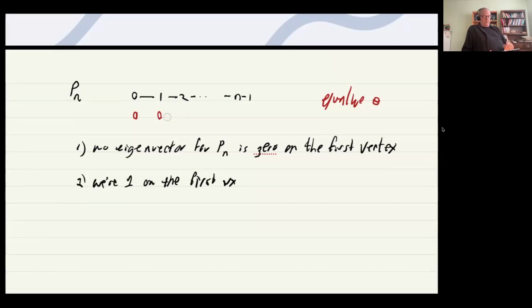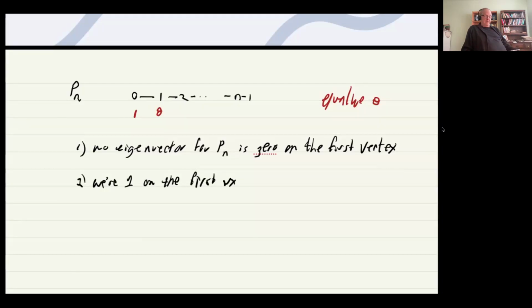Now we run through the same calculation as before. We have that theta times 1 is the sum of the weights of the neighbors, but there's only one neighbor. So its weight must be theta. So we've got the second entry.